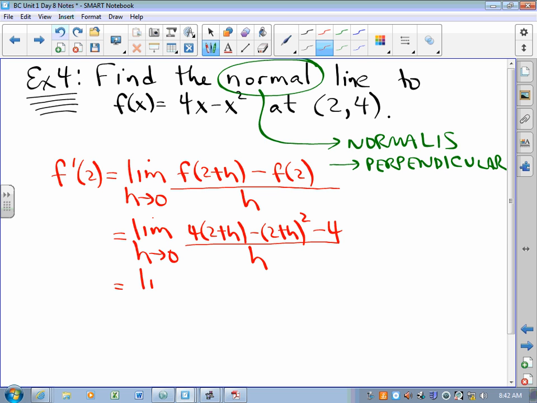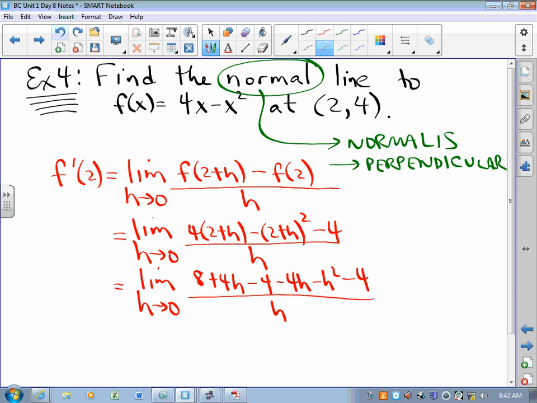Well, a little bit of algebra, not too bad. That's 8 plus 4h minus 4 minus 4h minus h squared minus 4 over h. And all sorts of stuff drop out.